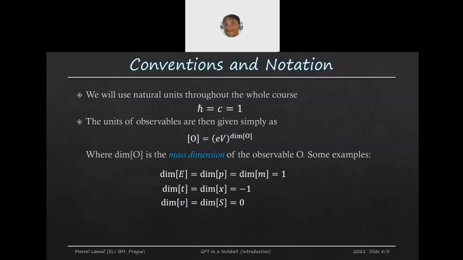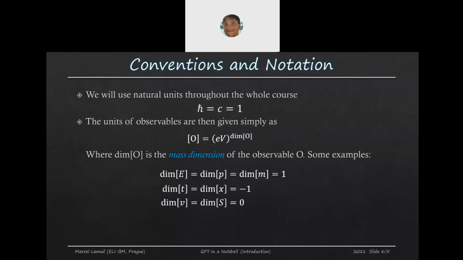You can think about it from the point of view of the energy-time uncertainty principle, where they are inversely related. So if the units of the energy are in eV, then with Planck constant equal to 1, the units of time are in eV to -1, so the mass dimension is -1.